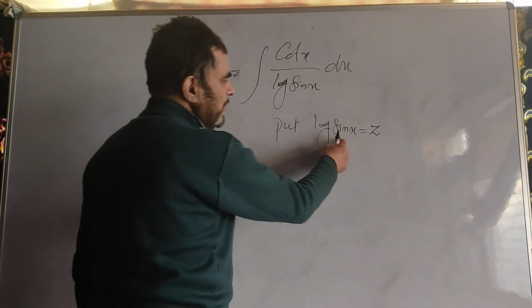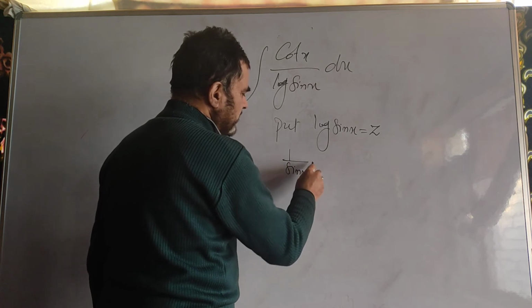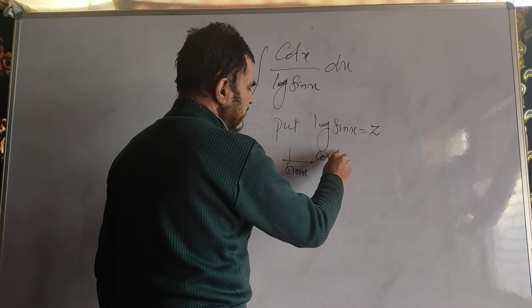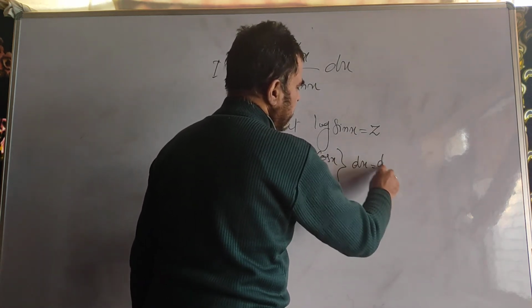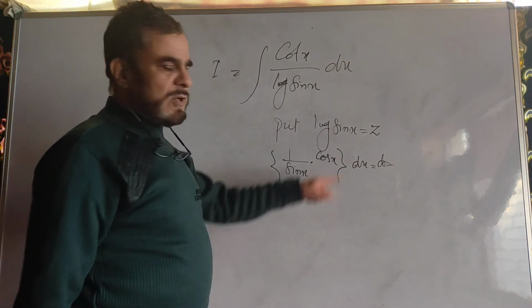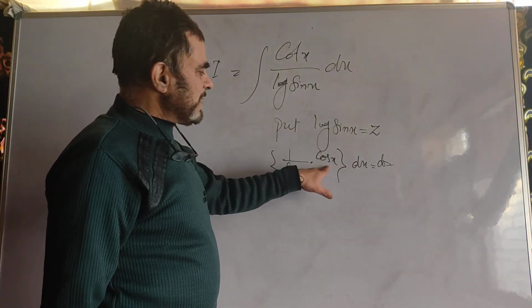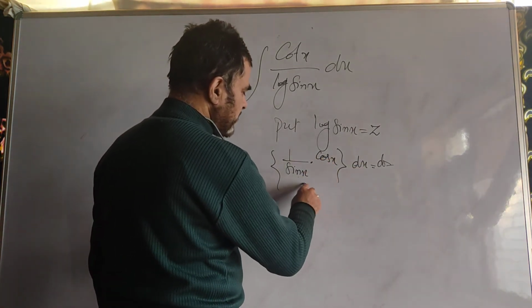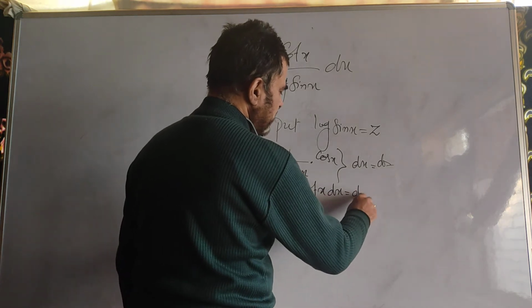When we differentiate log of sin x, it is 1 by sin x times the derivative of sin x, cos x, dx is dz. This comes out to be cos by sin, cot x dx is dz.